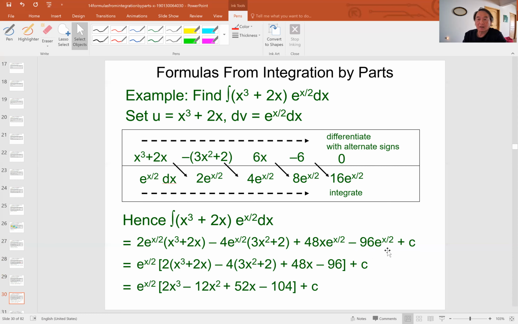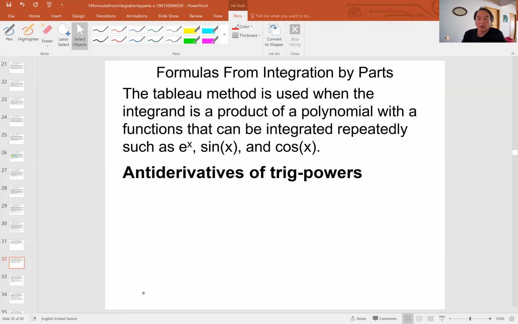And notice that with a product with e to the x, the answer will have an e to the x component, and it's usually easier to do the simplifications by pulling the e to the x portion out. It's useful when we multiply a polynomial by something that is easy to integrate back and forth many times.